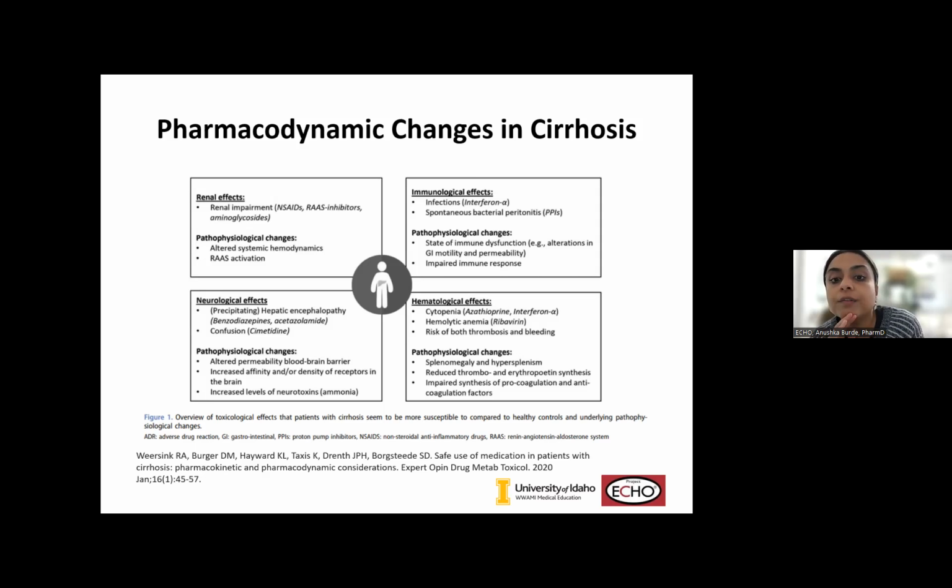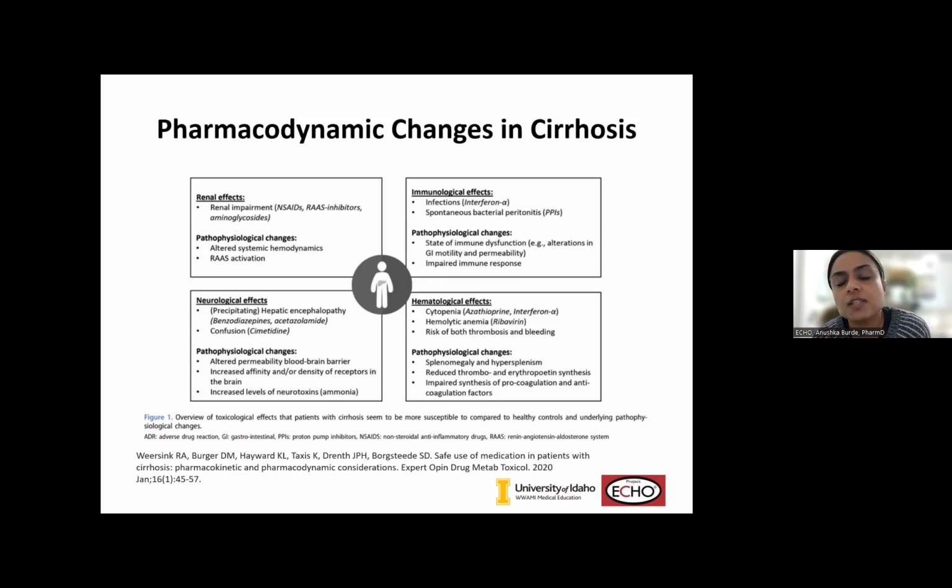The other effects are immunological effects. Patients with cirrhosis are in a constant state of immune dysfunction, proposed to be because of alterations in GI motility and permeability. So patients with cirrhosis are at high risk of infections, especially if they are on immunosuppressive medications such as interferons, which nowadays we don't use a lot, maybe sometimes in chronic hepatitis B treatment.